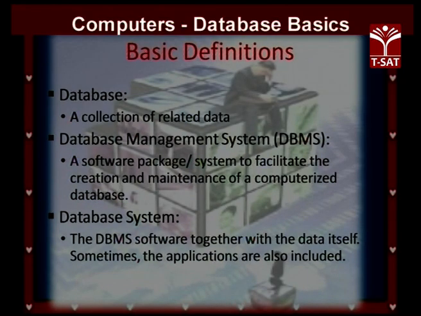So that is related data. So that is school related data because I am developing a database for school. So that's why we define it as a collection of related data. The data is related to that particular entity or that particular field or that particular business, right?